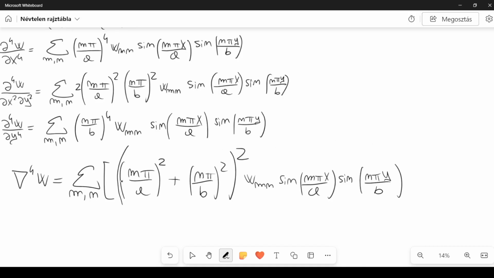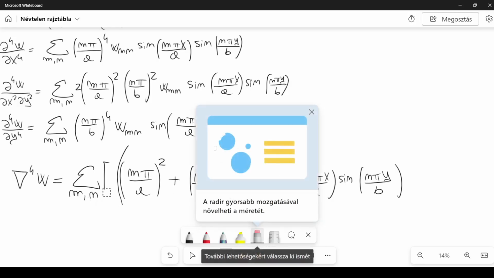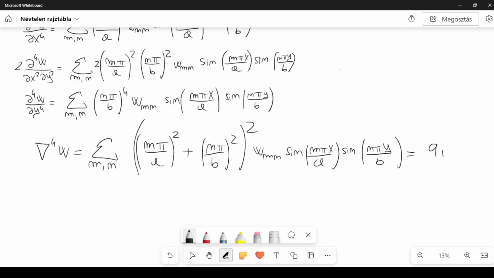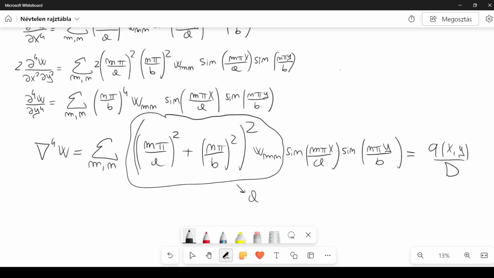This must be equal to q of xy divided by D. And q of x and y can be written as an expansion, very similar to this one, but instead of this, q of xy contains Amn. Since we have to divide by D, this quantity here that I have framed must be equal to Amn divided by D.